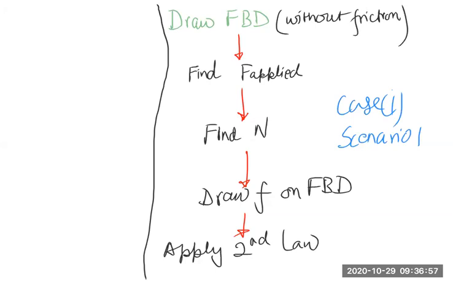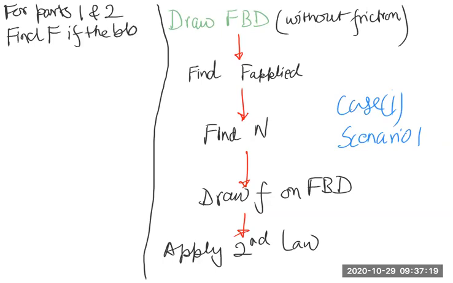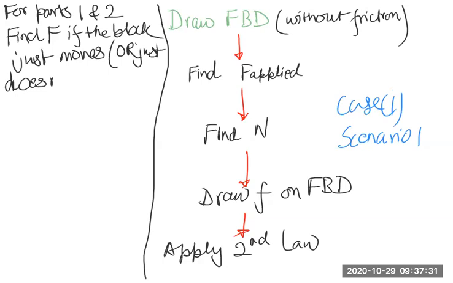Please look at question number 1. I'm going to do this. The question is that for parts 1 and 2, find F if the block just moves, or alternatively I could have written just does not move.